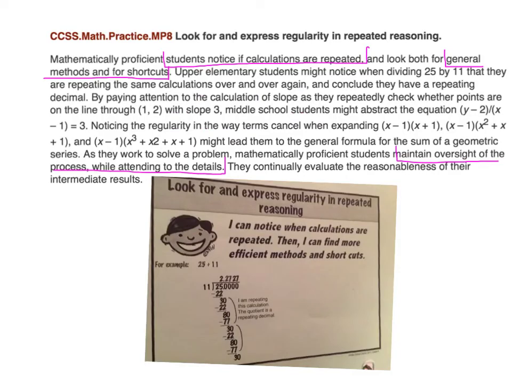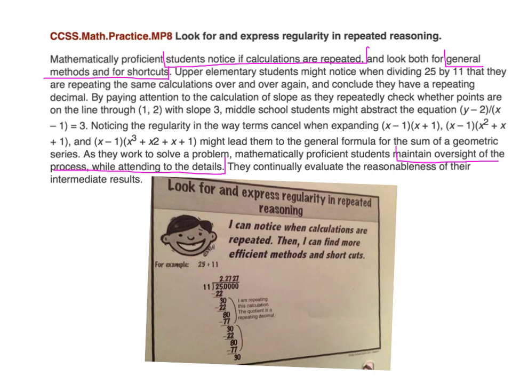For my math standard, I did math standard number 8. And I did this because I noticed the calculations were repeated when I was doing the area, because it had the same length, width, and height. And I used general methods and shortcuts because I didn't have to find the area of every one of them, because I already knew the area of one of them and they were all the same.